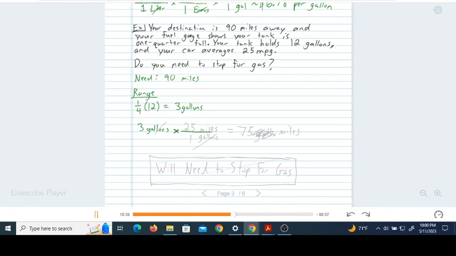So we'll put gallons on bottom, miles on top. We're getting 25 miles per every 1 gallon. So that tells us our car can go 75 miles. We need to go 90, so that's not enough. So we will need to stop for gas.